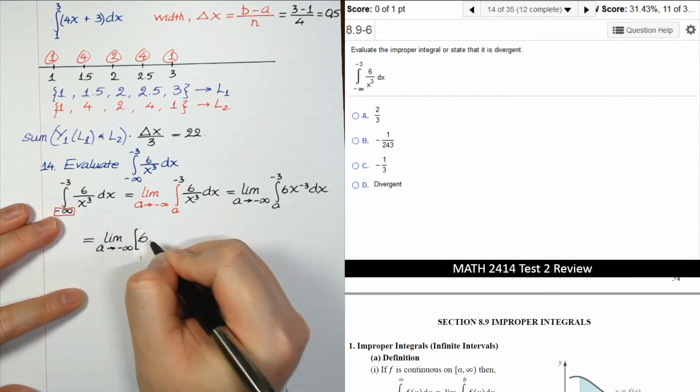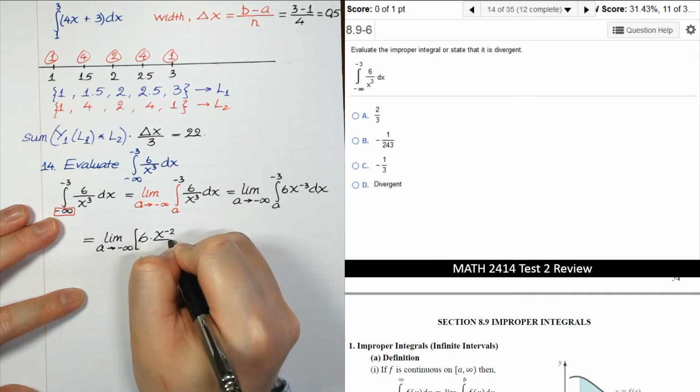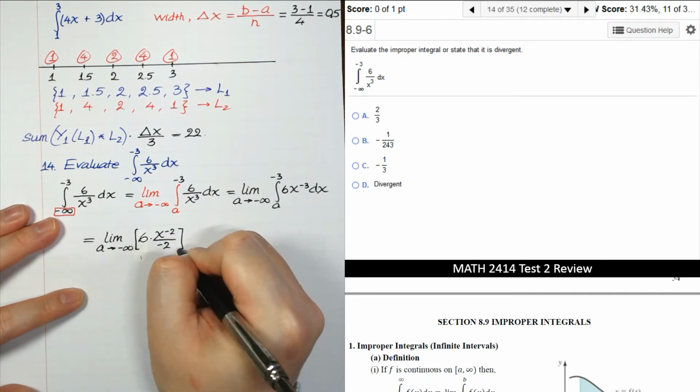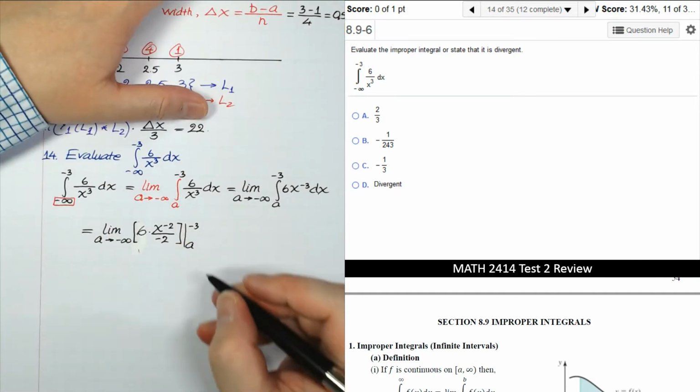Six. Integral of x to negative 3 is x to negative 2 over negative 2, going from a to negative 3. Right?